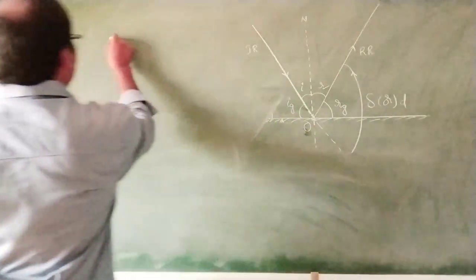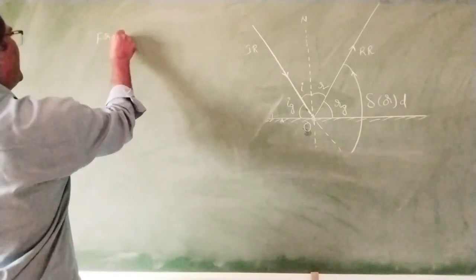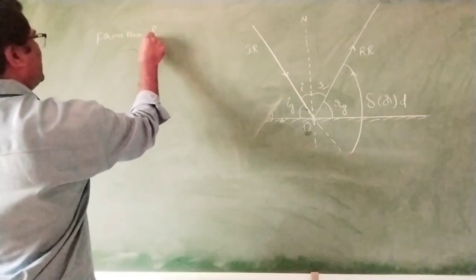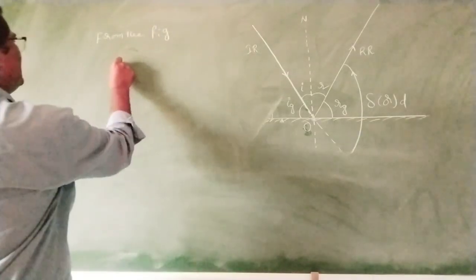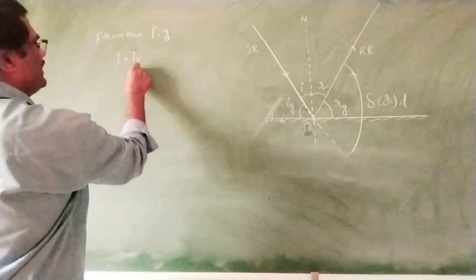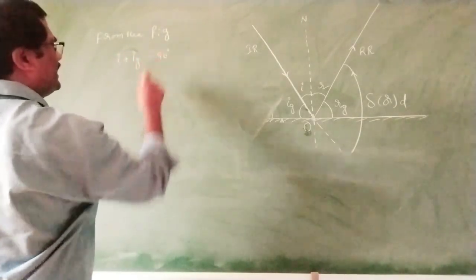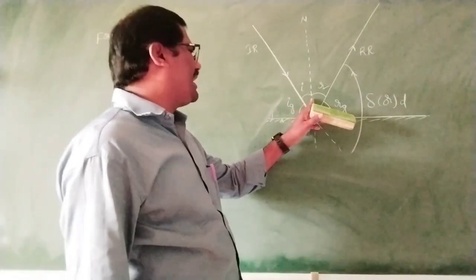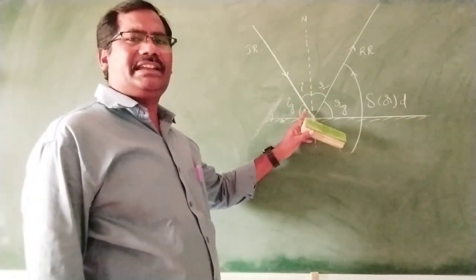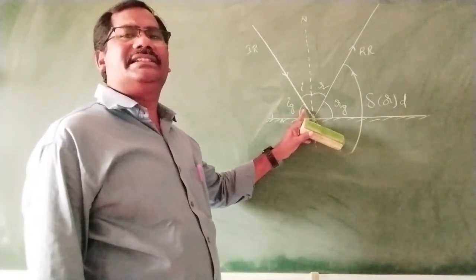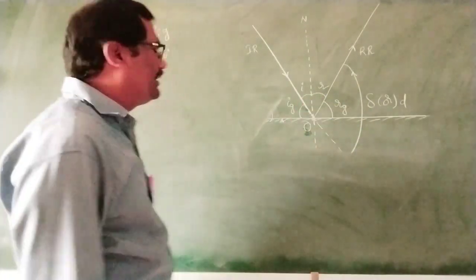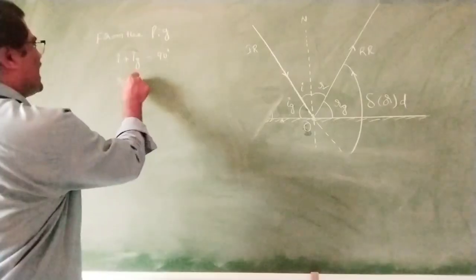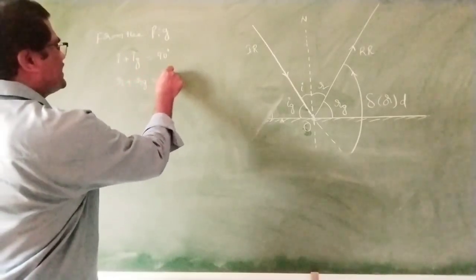From the figure, I plus Ig is equal to 90 degrees. These two are complementary angles. The angle of incidence and the glancing angle of incidence are complementary. I plus Ig is equal to 90, and R plus Rg is also 90 degrees.